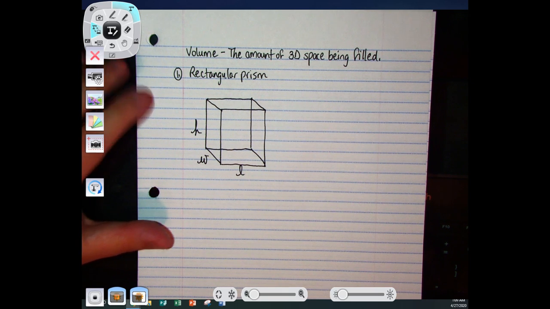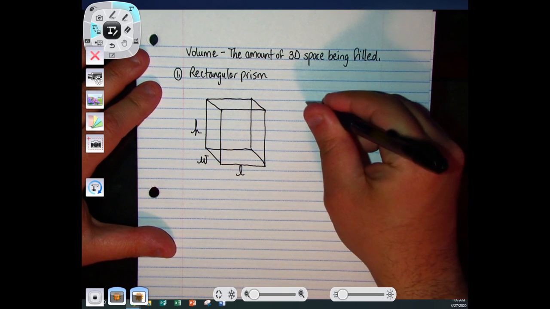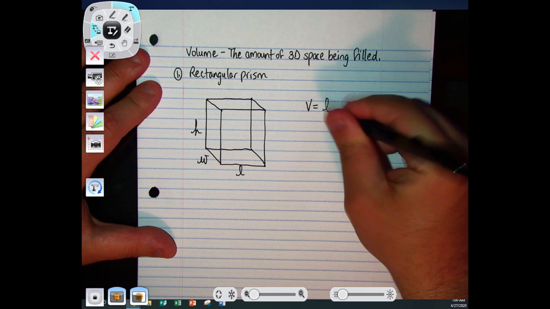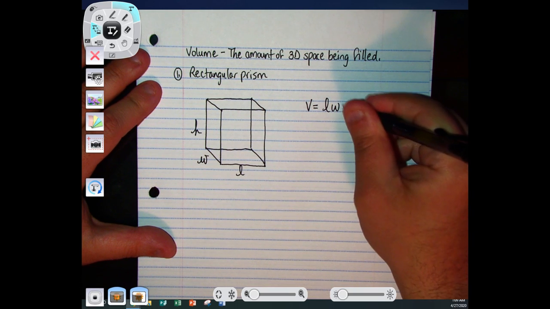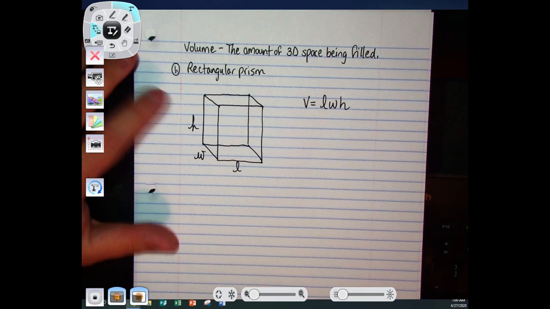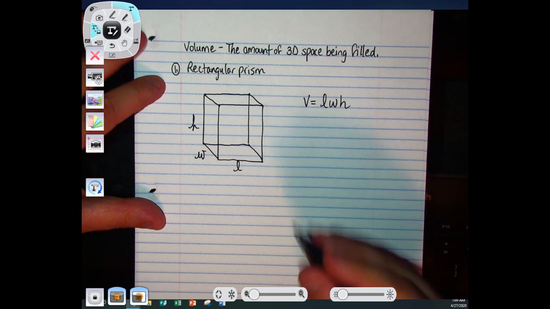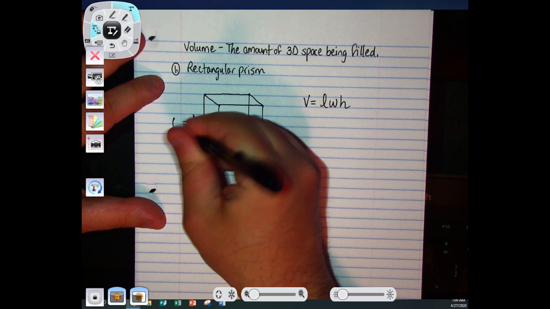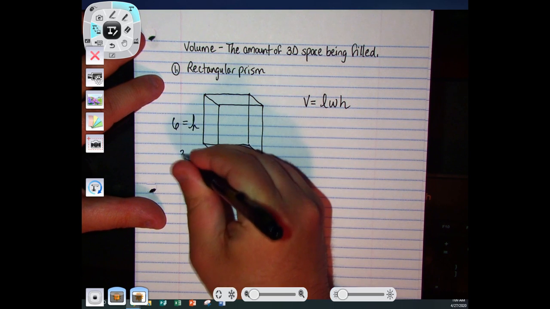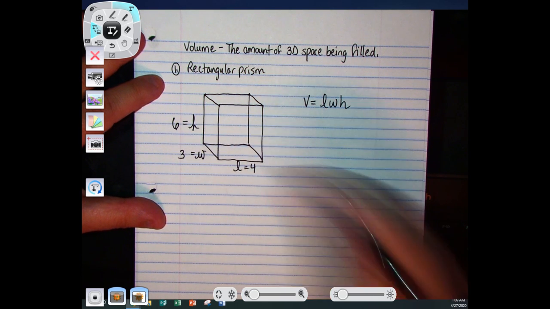So to find the volume of a rectangular prism, we use the formula volume equals length times width times height. Just multiply the 3 dimensions together. So for example, if I tell you the height is 6, I tell you the width is 3, and I tell you the length is 4.